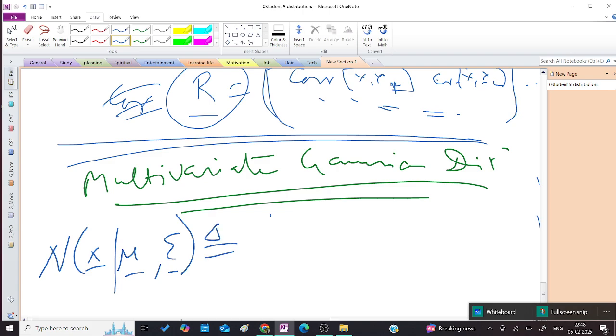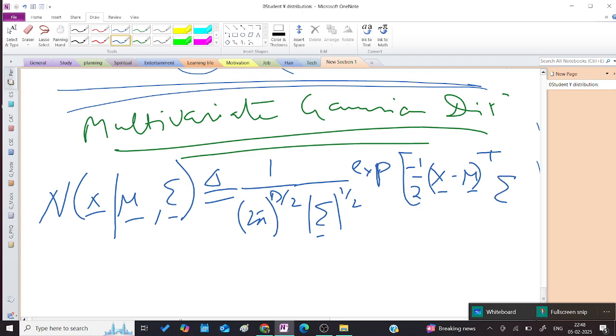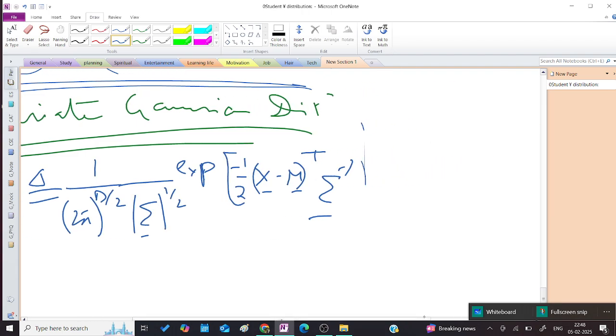By definition, it is 1 by (2 pi) to the power d by 2, determinant of sigma to the power half, exponential of minus half (vector x minus vector mu) transpose sigma to the power minus 1 (vector x minus vector mu).